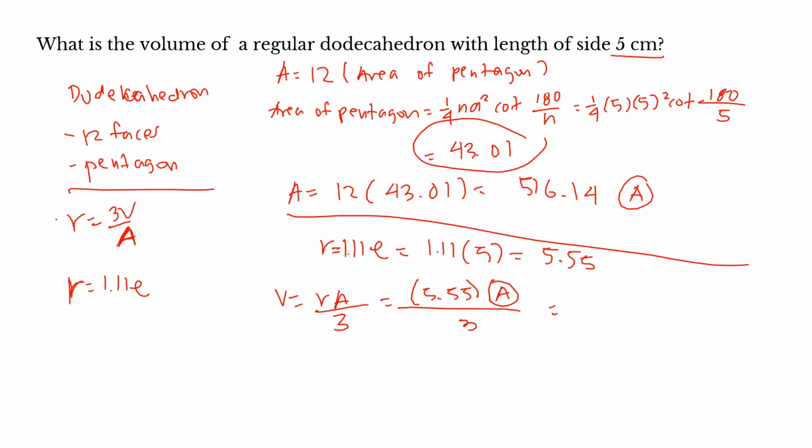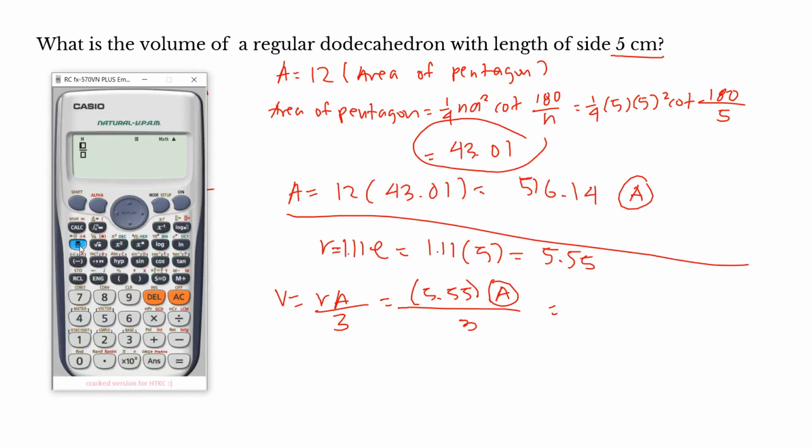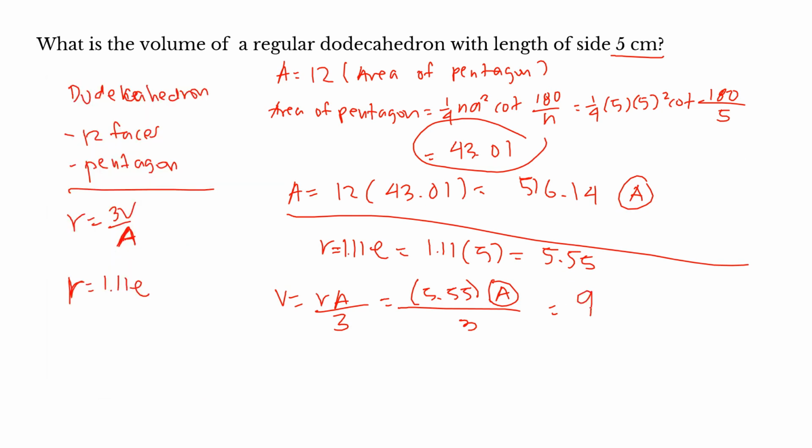So, pila itong answer? 954.86 centimeter cube. And that is the volume of your regular dodecahedron with a side of 5 centimeters. Okay, so proceed na ta.